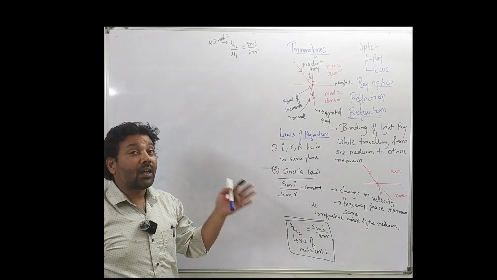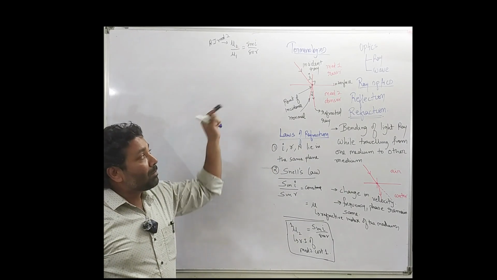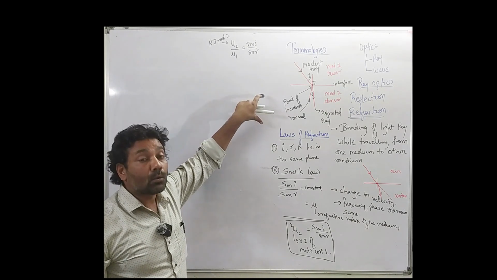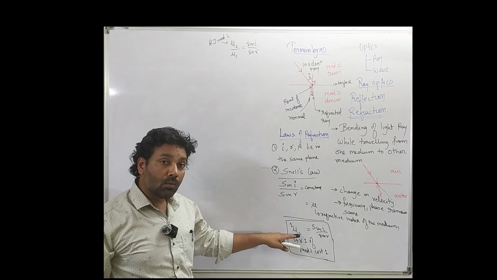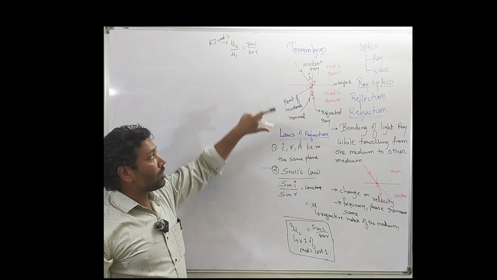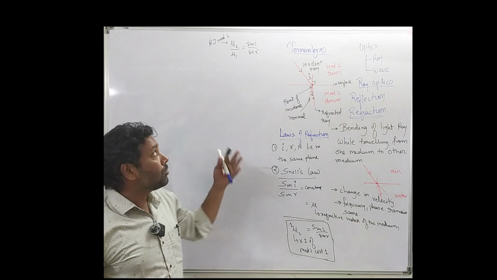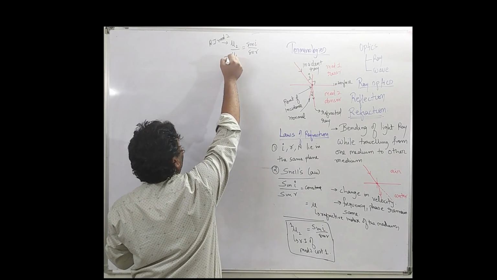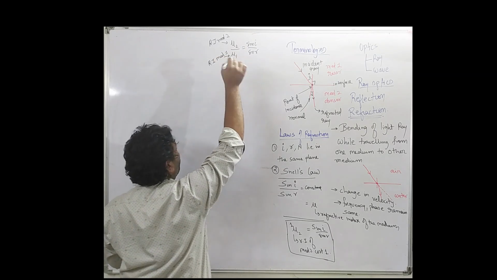How do you calculate the absolute refractive index? The word absolute means the bending capacity of that particular medium. Here we have the bending capacity of medium 2 with reference to medium 1. But if I want the bending capacity of only medium 2, how do I get it?